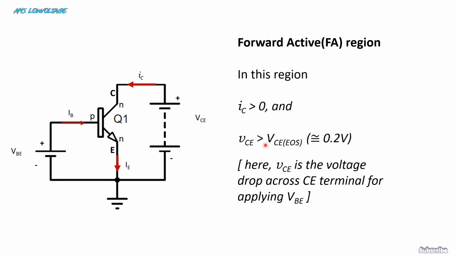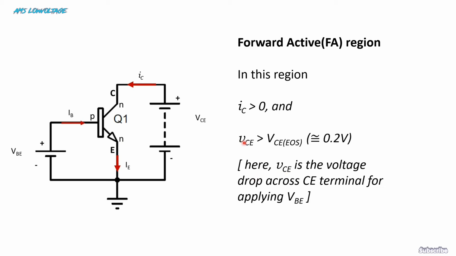In the edge of saturation, VCE will be greater than the voltage VCE edge of saturation, that means 0.2 volt. Here VCE is the voltage drop across the CE terminal for applying VBE. Whatever voltage drops across this collector emitter terminal, that is VCE.